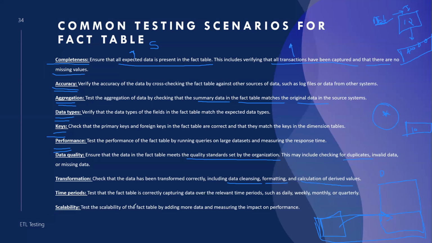When I say scalability, your fact table or your dimension table should be created in a way that, I'm just giving an example, let's say you are receiving a file which has 3 columns: sales ID, purchase ID, customer name, and somehow you receive a new file which has more columns.